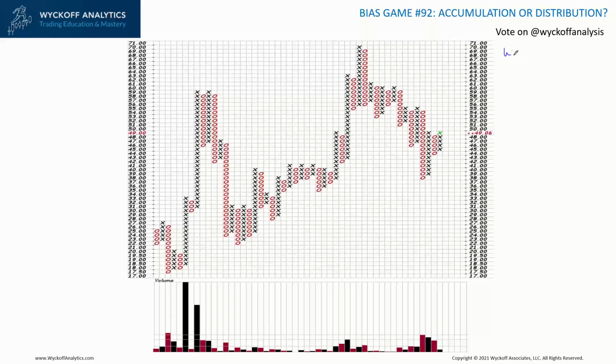An uptrend. Okay, great. So higher highs, higher lows. Okay, what else? Sign of strength with high volume at the beginning of the chart. Okay, so sign of strength. By the way, this is also a sign of strength.